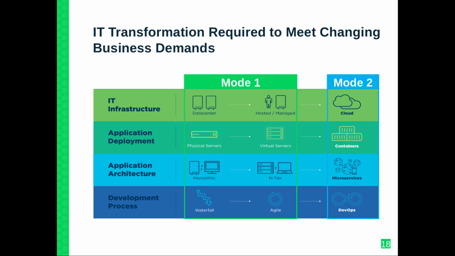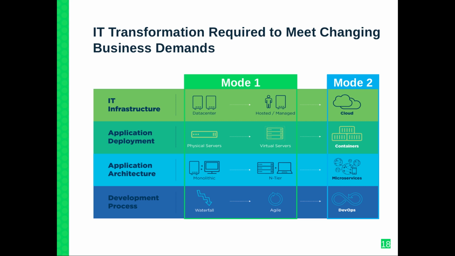We have the monolithic application architecture, or we have various tiered services. And we might also have in the development process, we'll have the waterfall traditional methods. We might also have agile development processes in place that still fit within Mode 1.